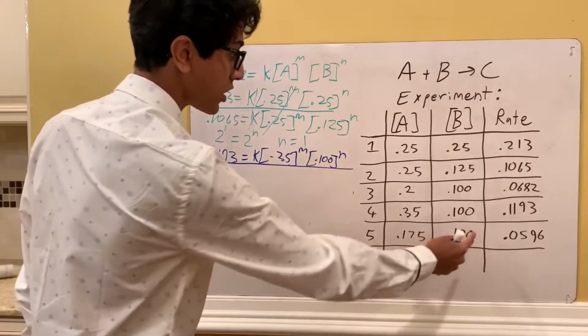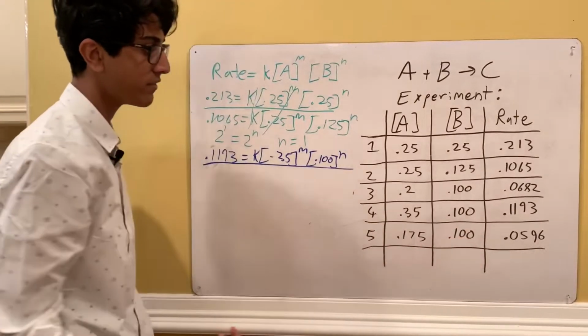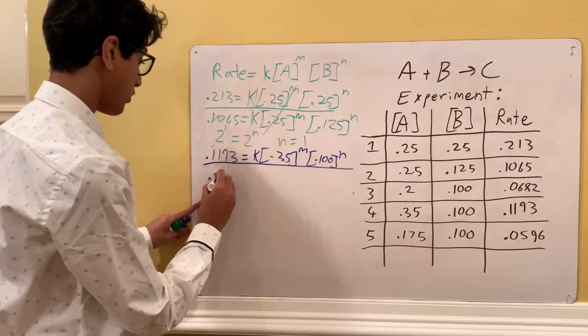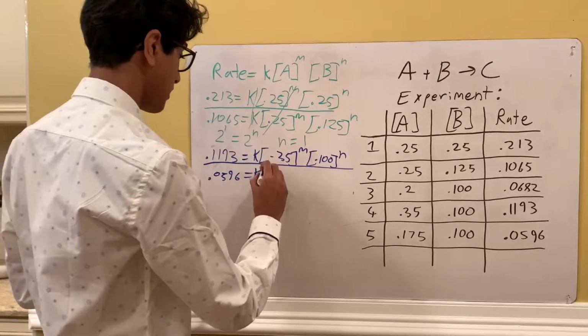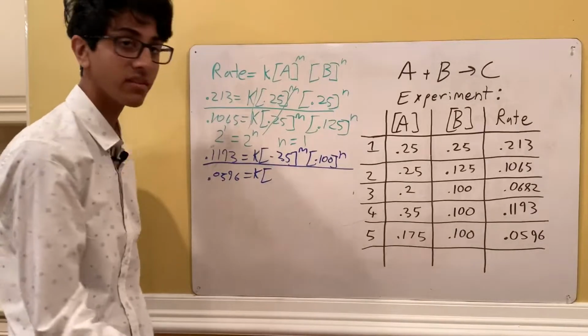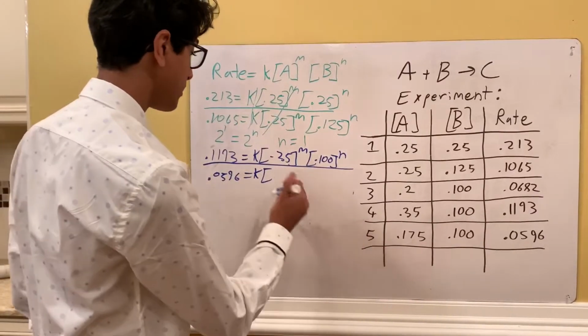So the rate law for trial 5 is 0.0596, which is equal to K. Concentration of A is 0.175.